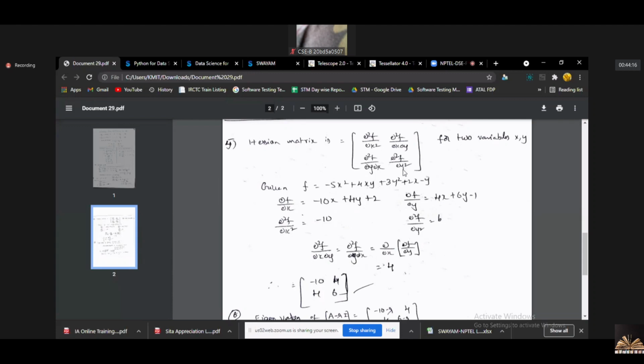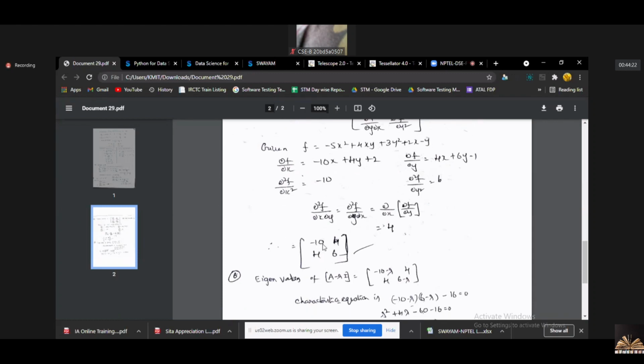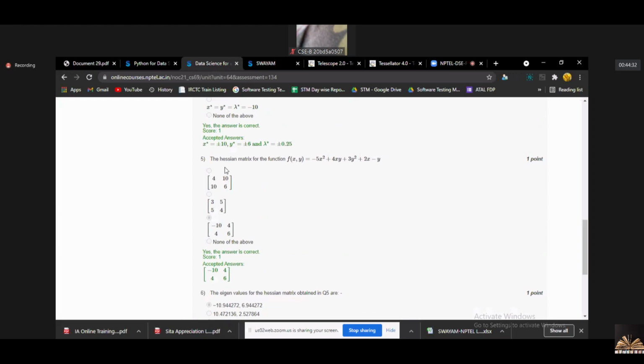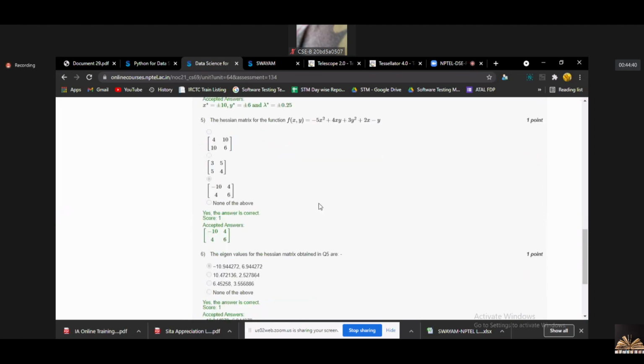Now dou square f by dou y square, we got 6. So writing in Hessian matrix form, the matrix is minus 10, 4, 4, 6. That is how we got the Hessian matrix for the given function, and this is the correct answer.